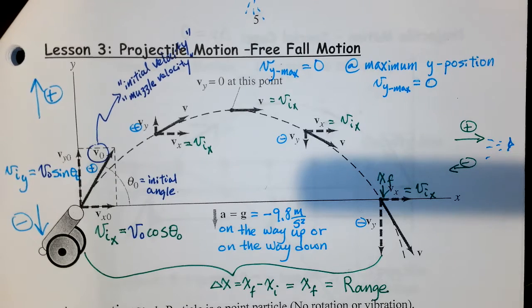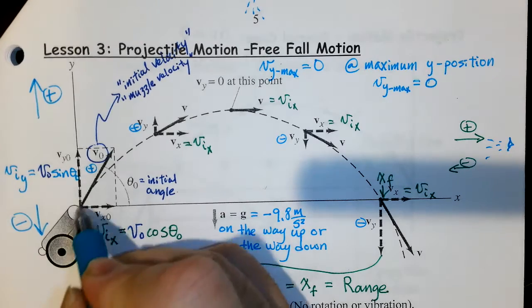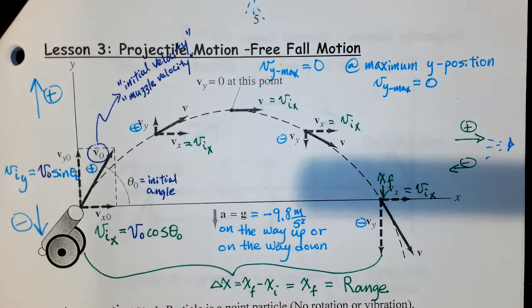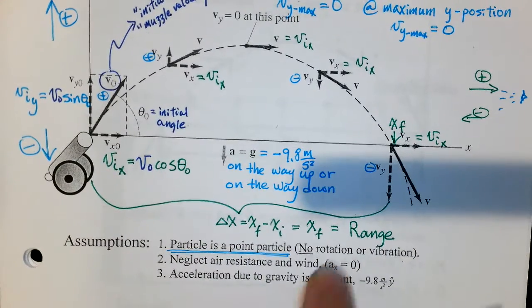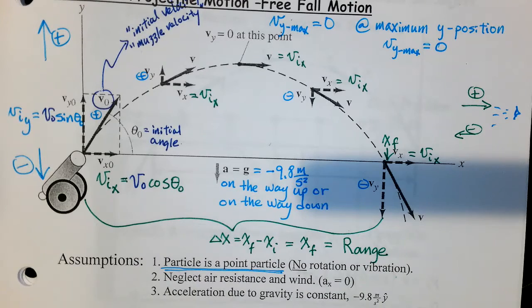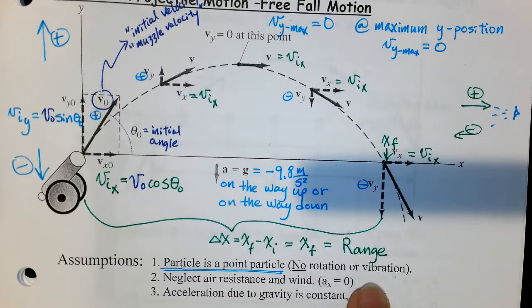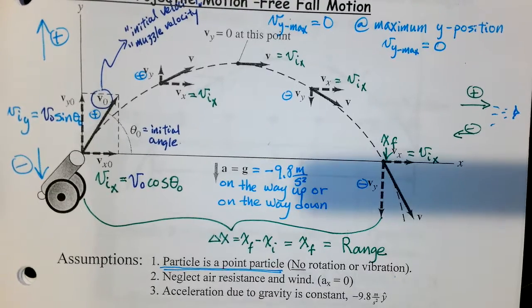We will treat that elephant as a point particle, where all the mass is concentrated in one singular point and is traveling like that. So we don't have to worry about the rotation of the elephant with the trunk flaring out, or the ears rotating and flopping around.